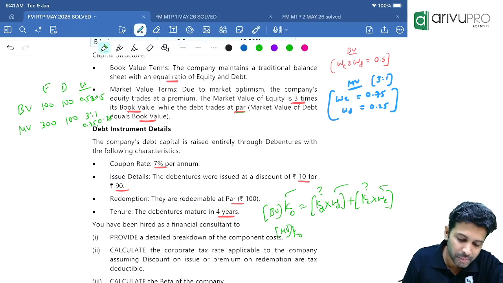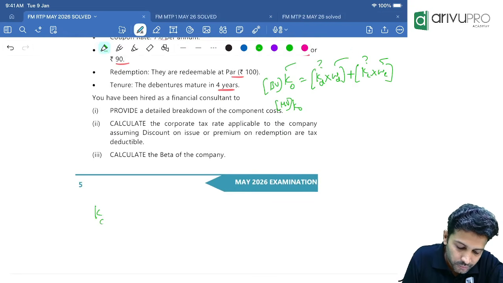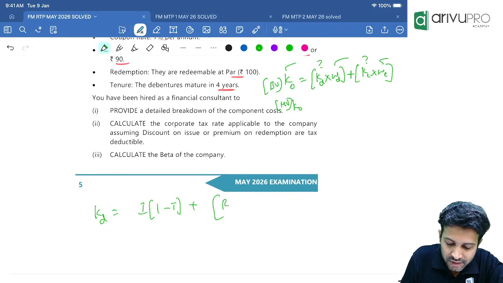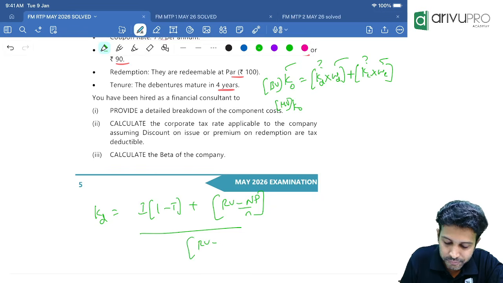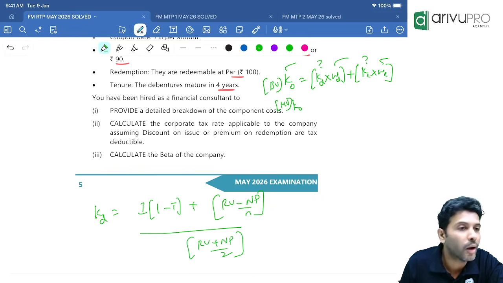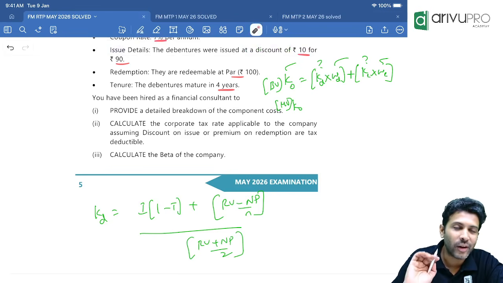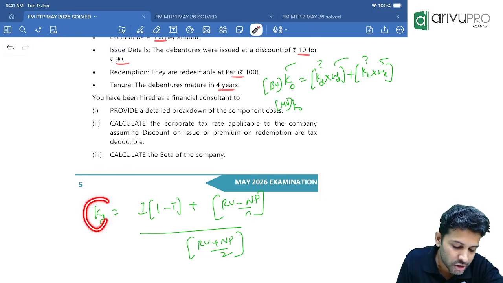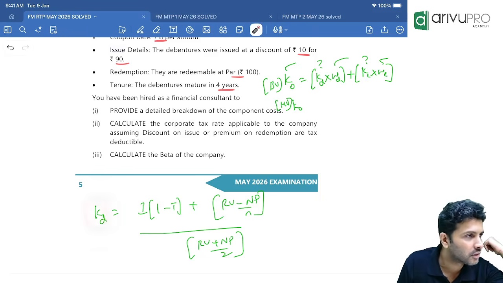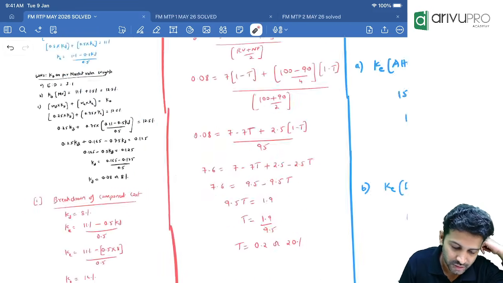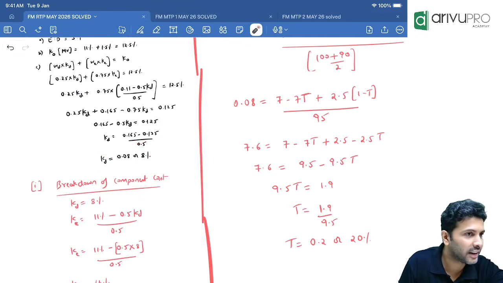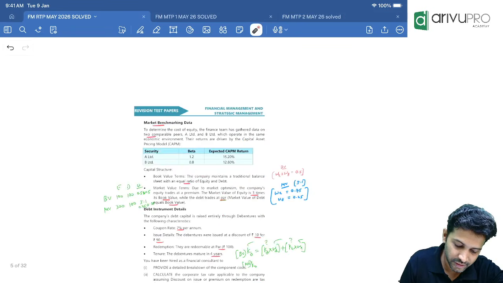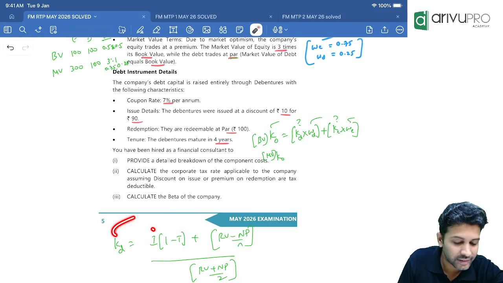Redeemable. So, for redeemable debt, what is the formula? Interest into 1 minus tax rate plus RV minus NP divided by N, whole thing divided by (RV plus NP by 2). Now everybody, the two checkpoints you need to be careful over. Cost of debt, missing or already got? Just now we worked it out, 8%. KD we know. Interest they've given.